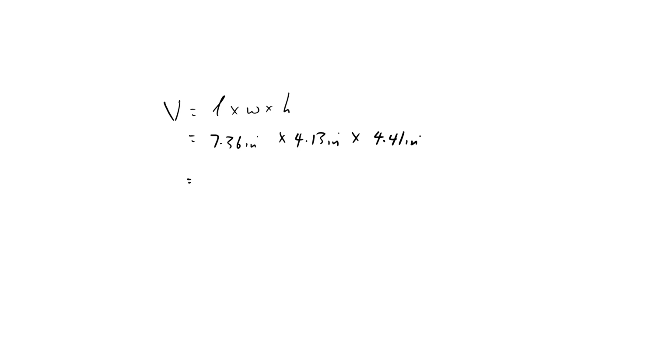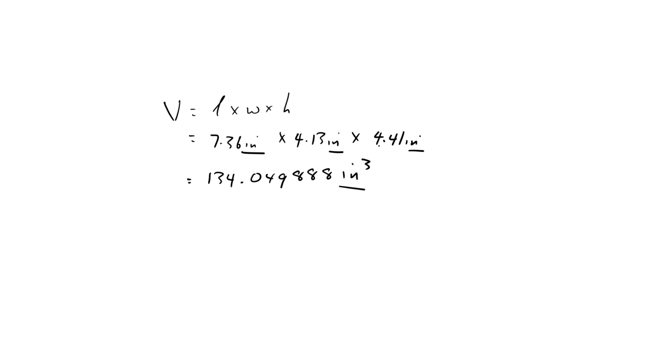And according to my calculations, this works out to be equal to 134.049888. That's what I end up with on my calculator display. And the units for this would be inches cube, all right? And that's because we're multiplying inch by inch by inch in terms of the units. So the unit for the volume in this case would be inches cube.